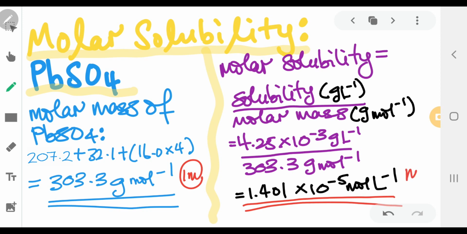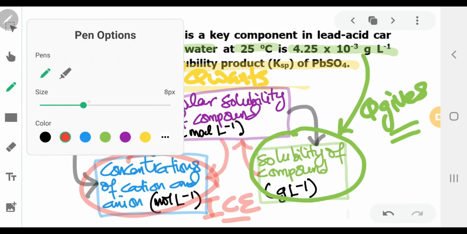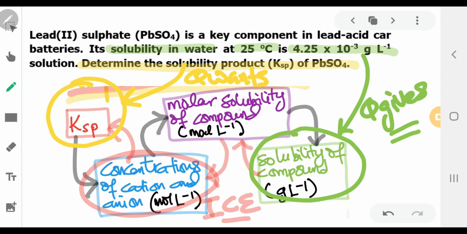So you get 1 mark for this and 1 mark for the formula that you have used on top. Now, we have done that one.